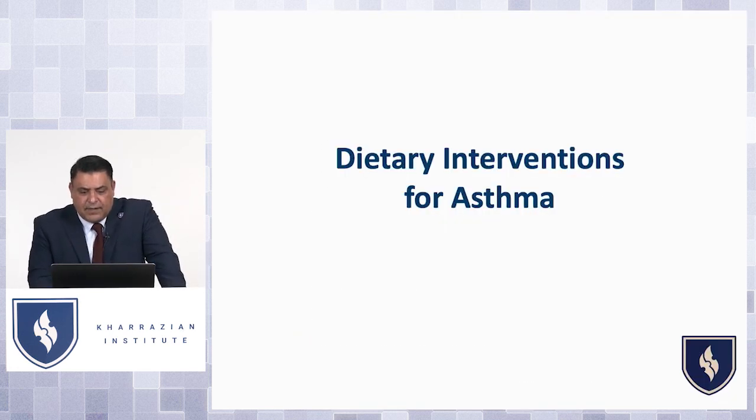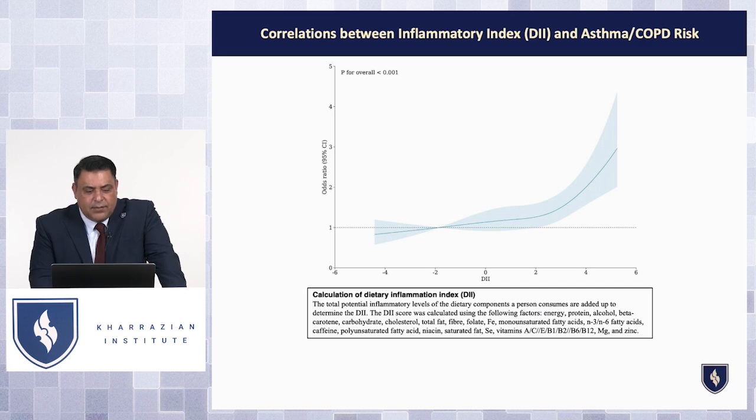Okay, now let's look at diet. So the bottom line with diet is this: the more inflammatory the diet is, the more severe it is in promoting asthma flare-ups. And there's a direct relationship between the inflammatory index of foods and asthma and COPD risk. So you can see in this paper they looked at the odds ratio.